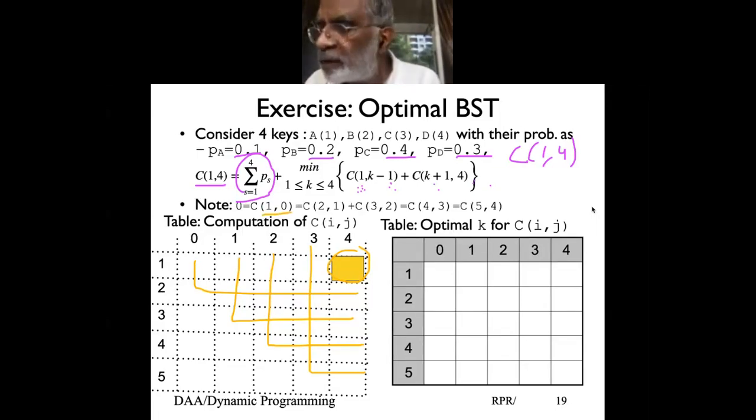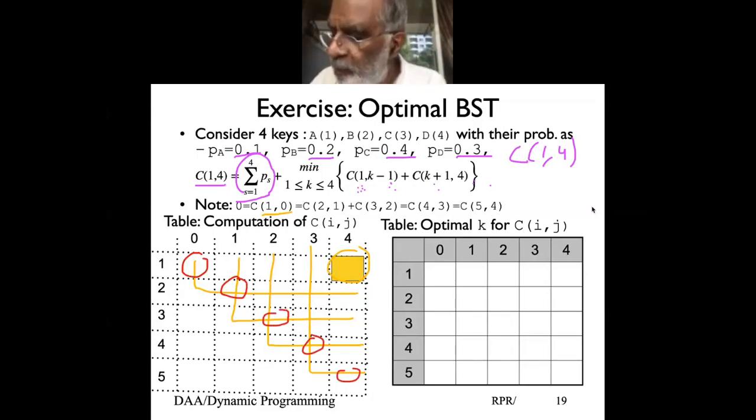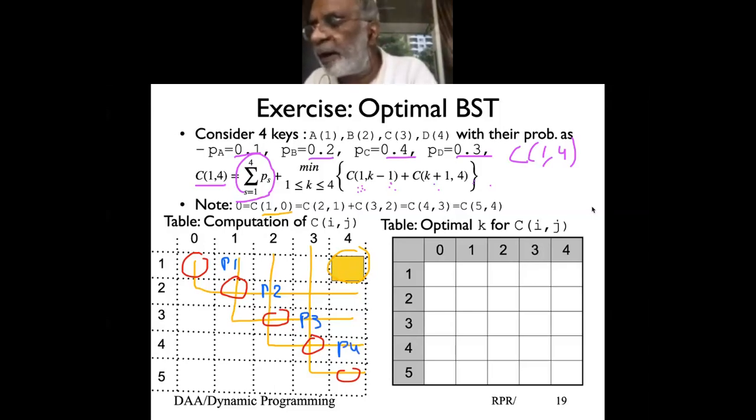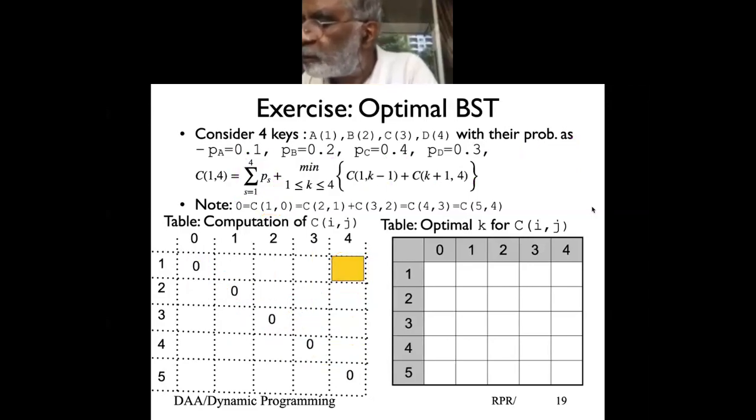We know that C10 is 0, C21 is 0, C32 is 0, again this is 0, and this is 0. Similarly, C11 is P1, this is P2, this is P3, and this is P4, because we know Cii is Pi, and Ci,i-1 is 0. By making use of this, we'll proceed this way. So let's look at how we compute.